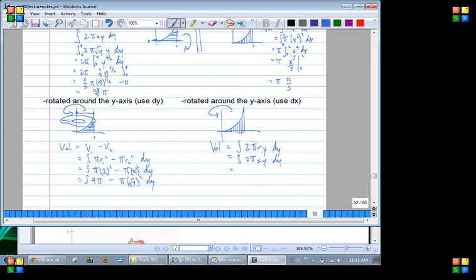Oh, shoot, this should not be dy, because they're vertical slices, which means we're working with respect to x. So what do we have to replace? y. And what's y? y was x squared.